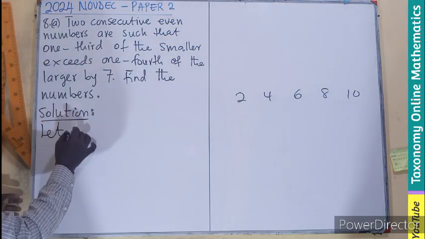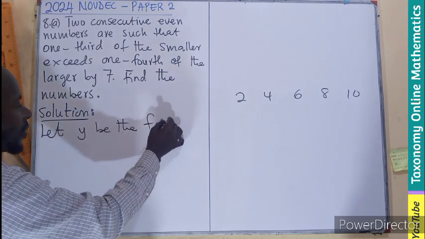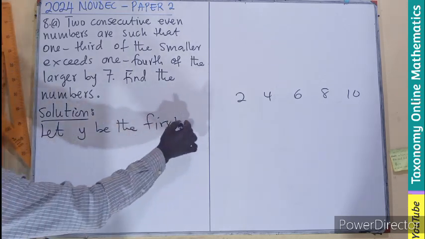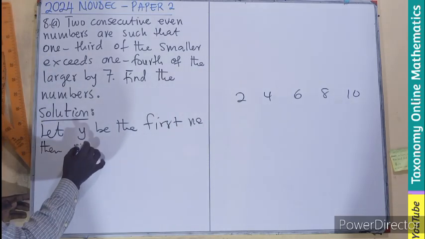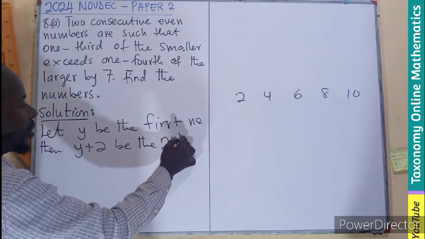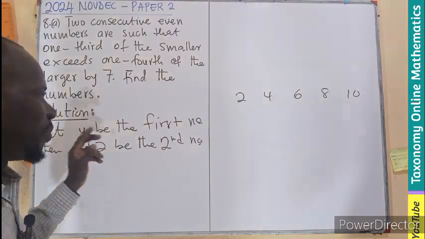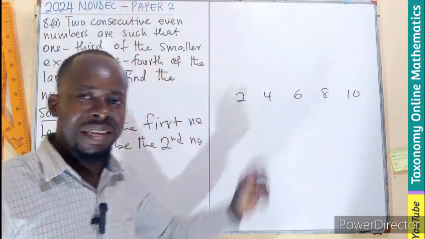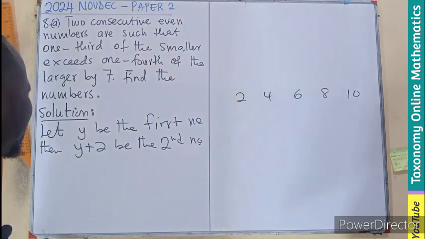Let y be the first number, then y plus 2 be the second number. So if y becomes 10, then my second number will be 12. Do we get that? Alright, good.